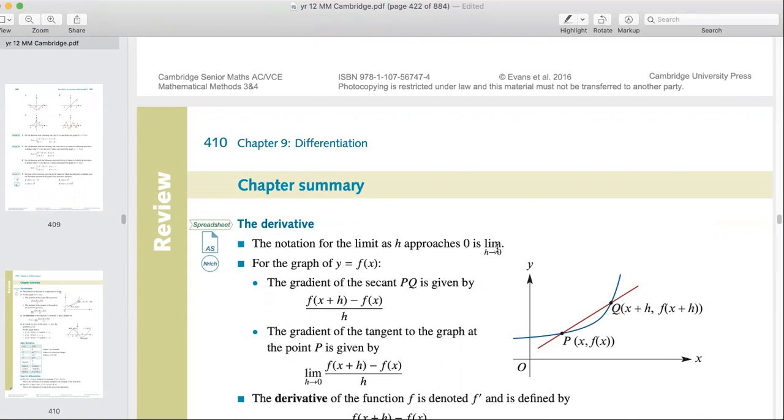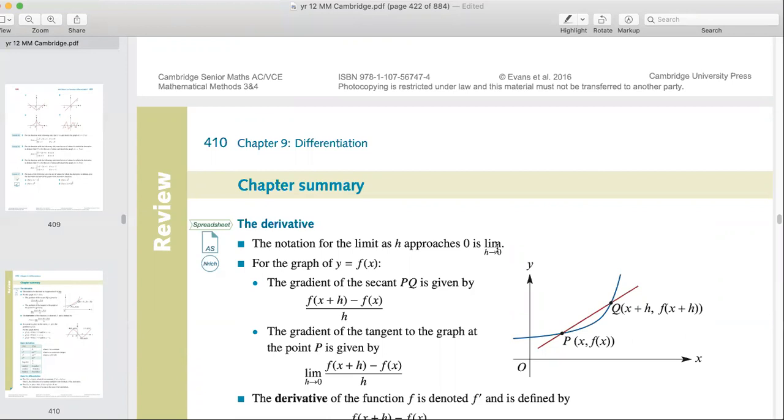So derivative is essentially a rate of change, but at a certain point, or maybe I should say instantaneous rate of change. It's like average rate of change, where the average time is really small. So in this case, Q is infinitely close to P. Essentially, P and Q are overlapping.